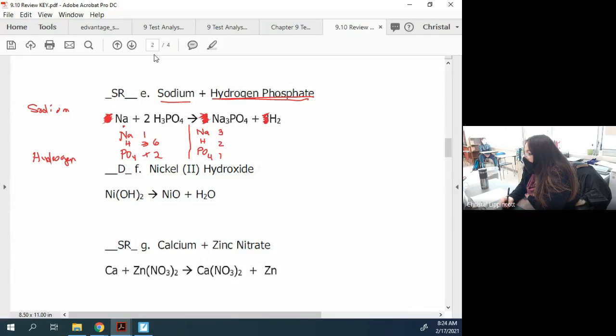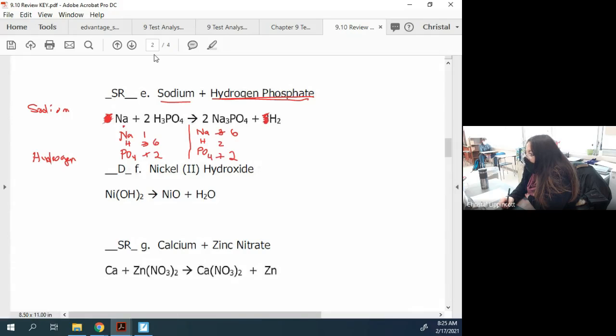So what am I going to put here to get my phosphates up to 2? I need a 2 here. Good. That not only affects my phosphates, it affects my sodium. What does that take my sodium up to? 6. So I'm up to 6 there.